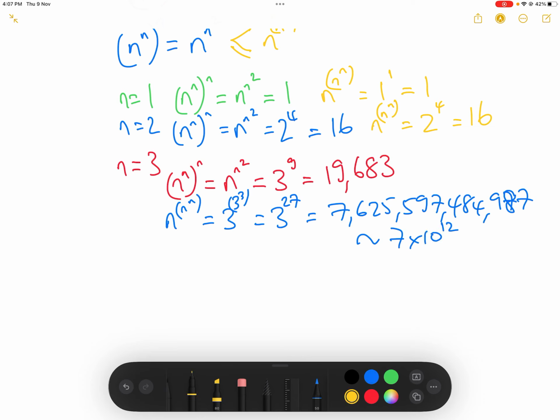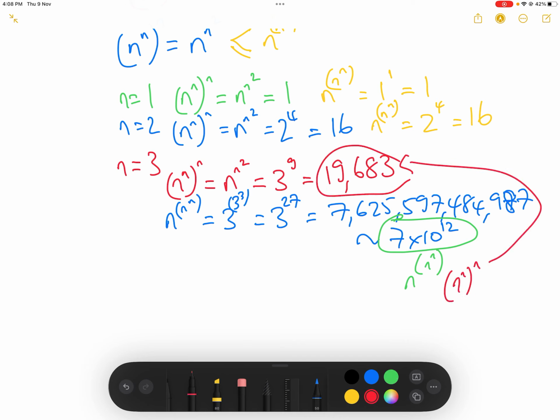So it is clear that even for n equals 3, n to the power of n to the power of n is vastly bigger than (n to the power of n) to the power of n. But it is not bigger by the number of atoms in the universe.